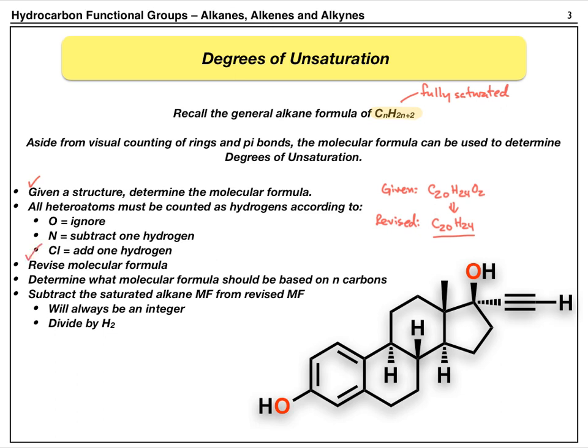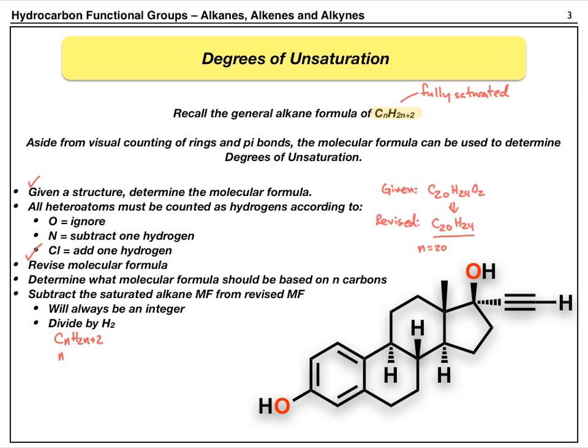Now determine what the molecular formula should be based on n number of carbons. So here we have n equals 20. So what is the fully saturated alkane? Again, we're using the formula CnH2n plus 2.